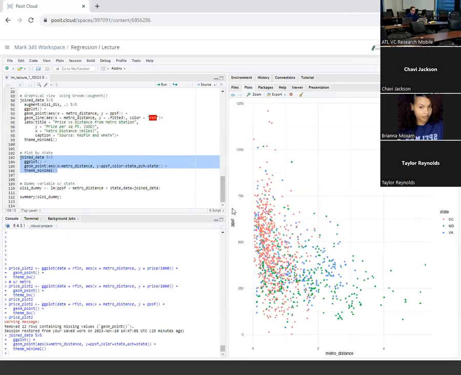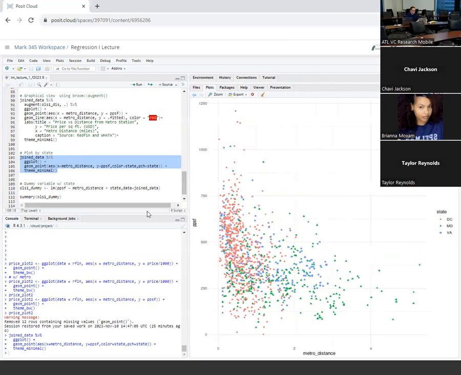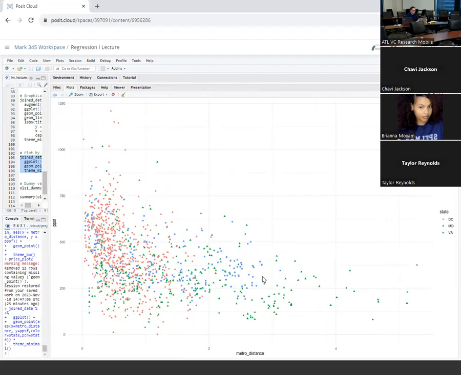We've been looking at metro distance, but what about price per square foot, because that's the dependent variable? Do you see any kind of clustering like we did with the metro distance, but now with regards to price per square foot and the geographical location? What geographical location is dominating those properties that have a price per square foot of $750 or more?